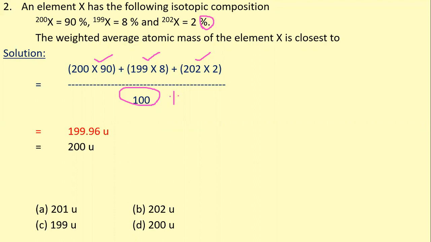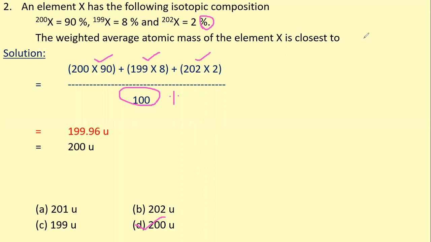When it exceeds or equals 5, then we have to round up by 1. You understood? So it will become 200 u. So option B is the answer here.